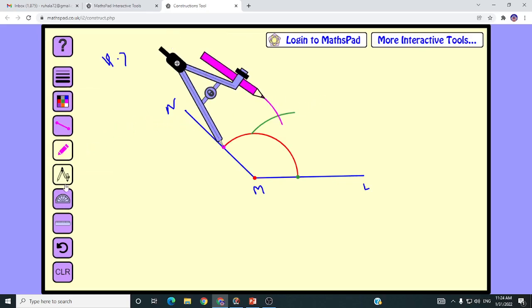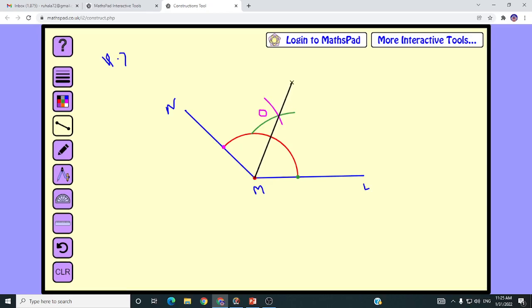You will get 1 point. I will name this the O point. Now join O to M. This is the bisector of the angle.